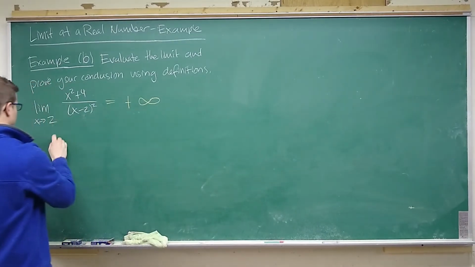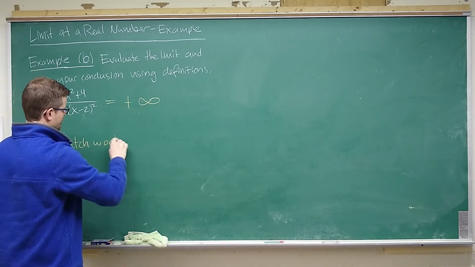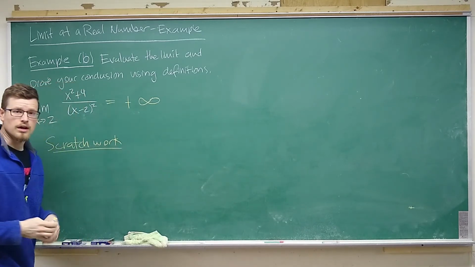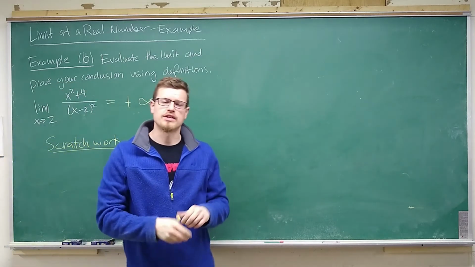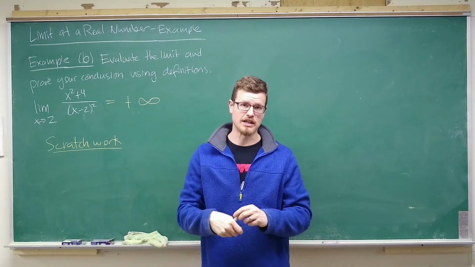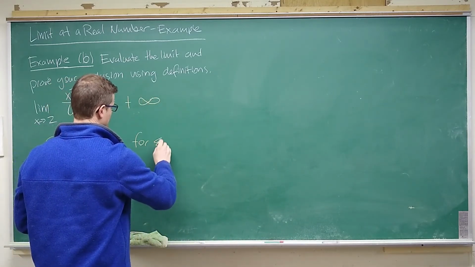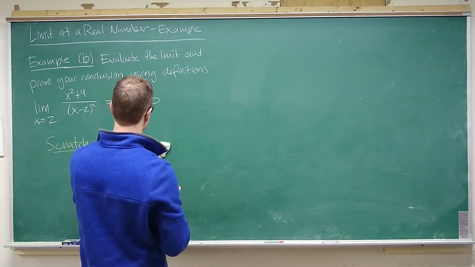And to do this, let's begin with some scratch work. What our scratch work should include is a description of what we want to do and then the basic work to get us there. So we want to show, not epsilon here, we're trying to show it to infinity.